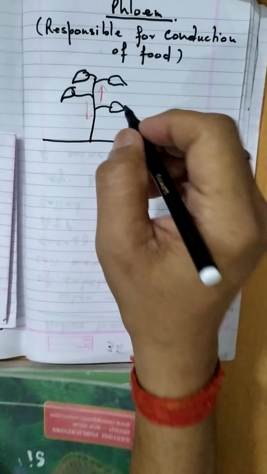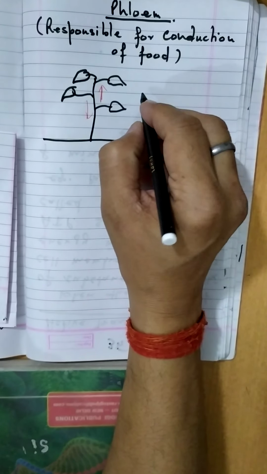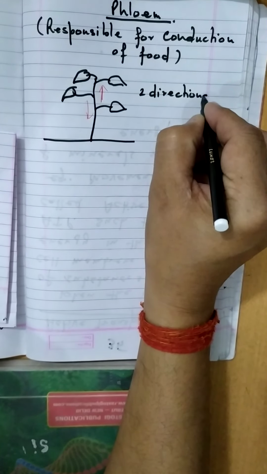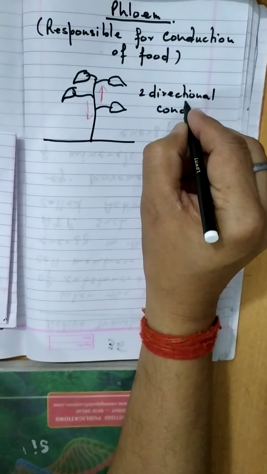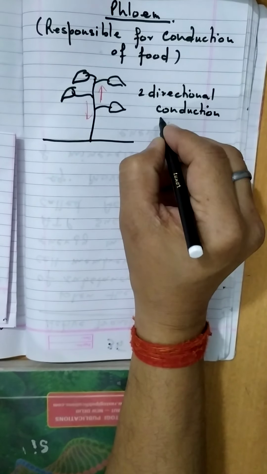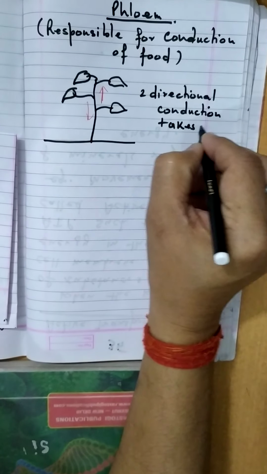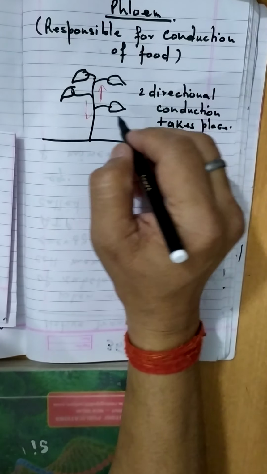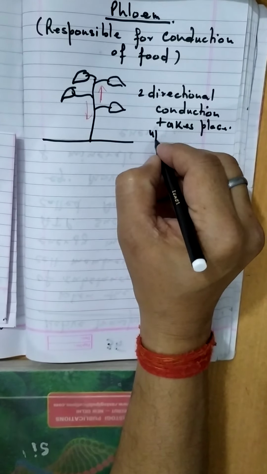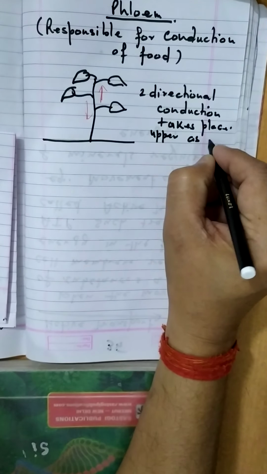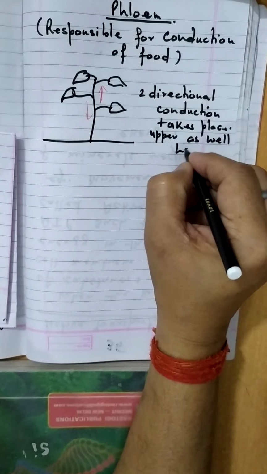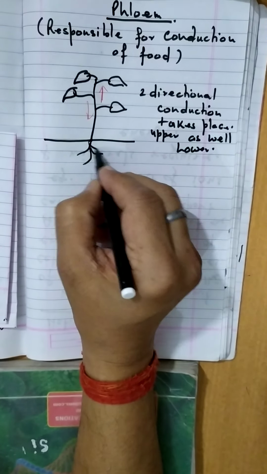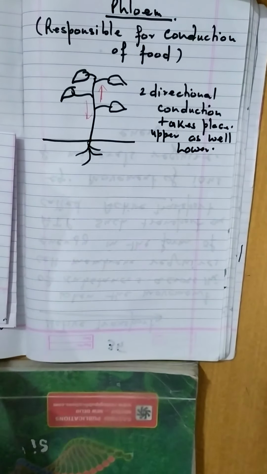So two directional conduction takes place here, upper as well as lower, towards roots also, to roots also.